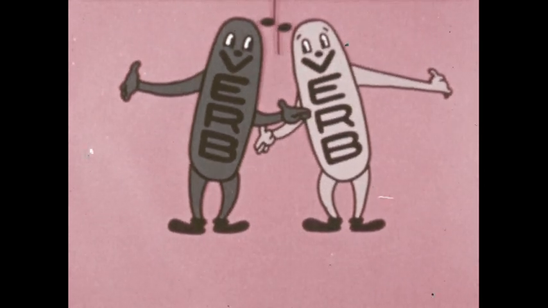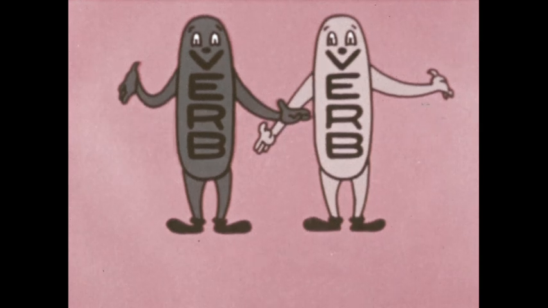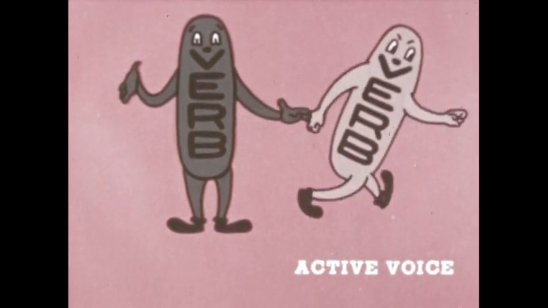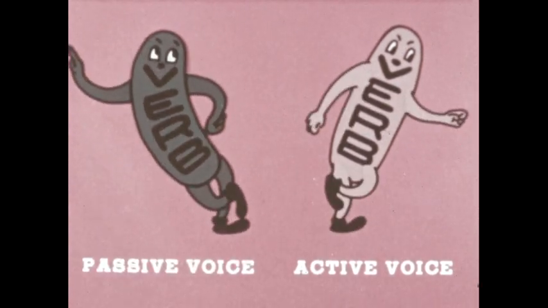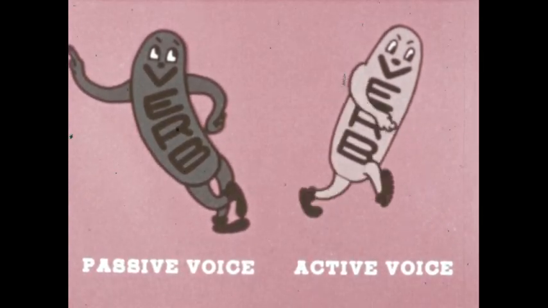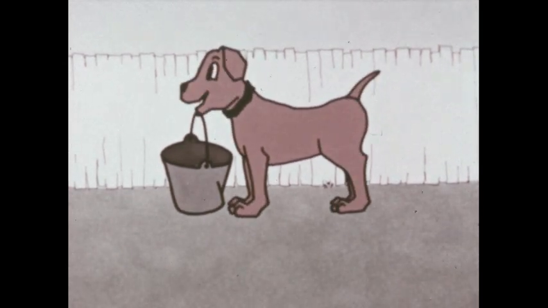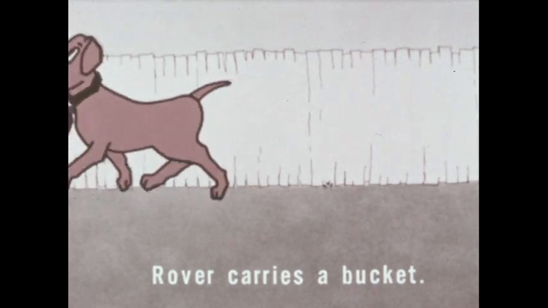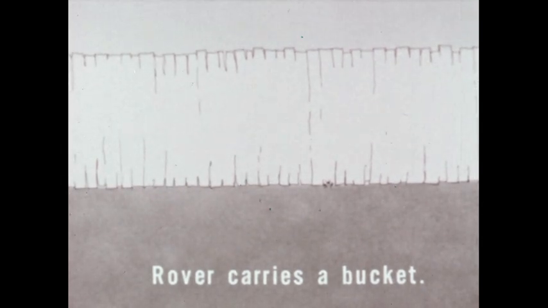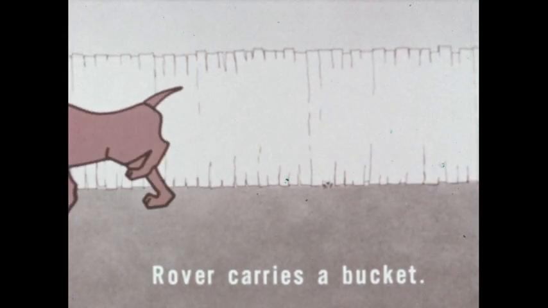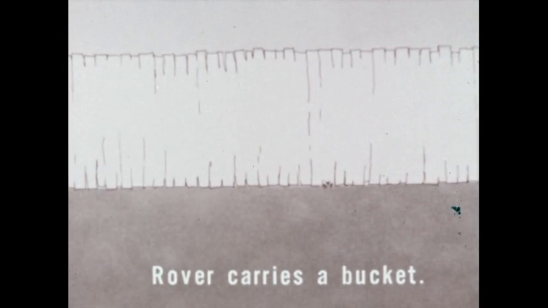Well, not exactly that kind of voice. We speak of verbs as being in either the active voice or the passive voice. Let's see what these mean. All ready, Rover? Rover carries a bucket. The subject, Rover, acts. He carries. So this is the active voice of the verb.